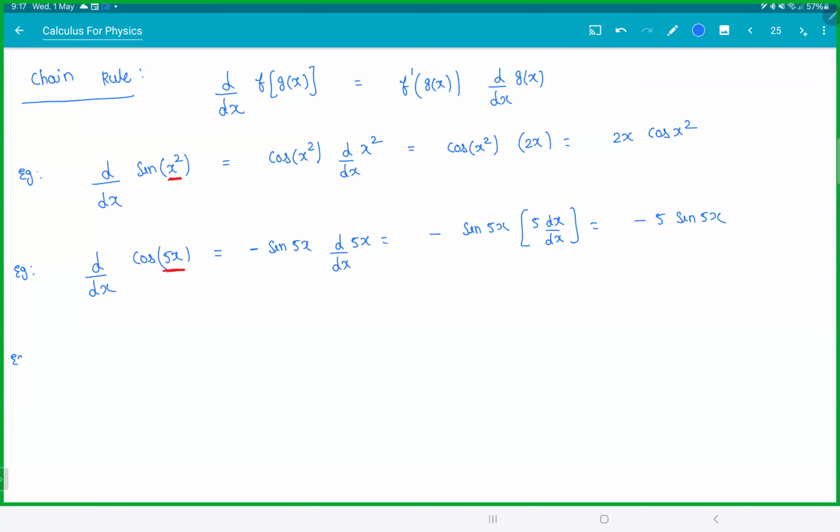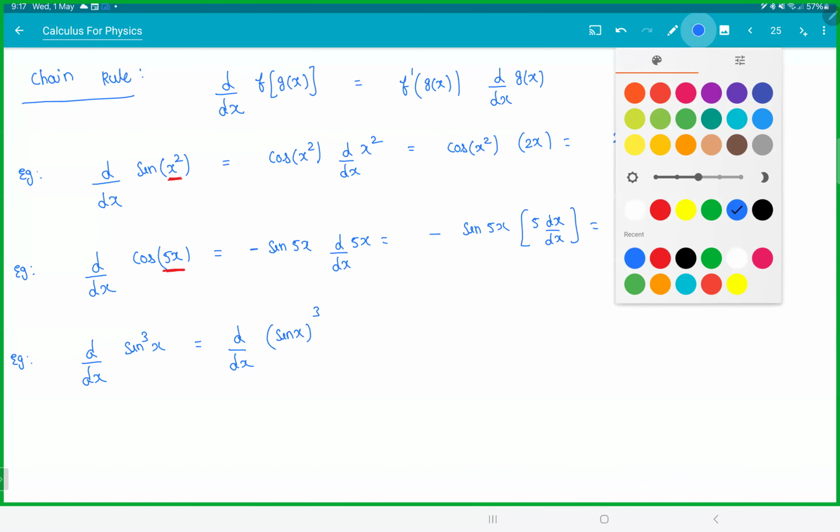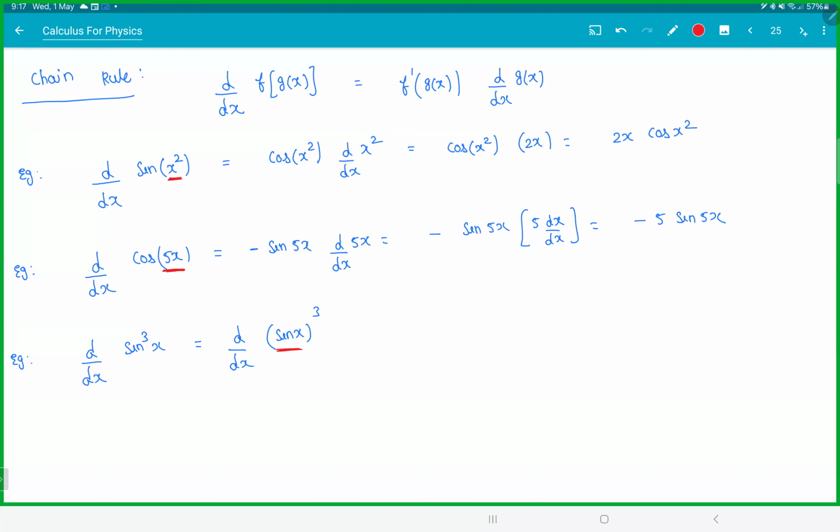One more example. Suppose if you have dy dx of sine cube x. Now look at how is this looking like. This is looking like a function to the power of 3, isn't it? So your job is always to see how does this look like. It looks like a function to the power of 3, na?